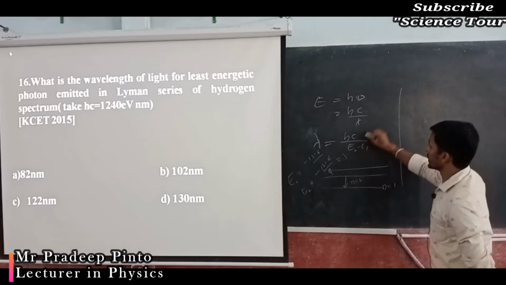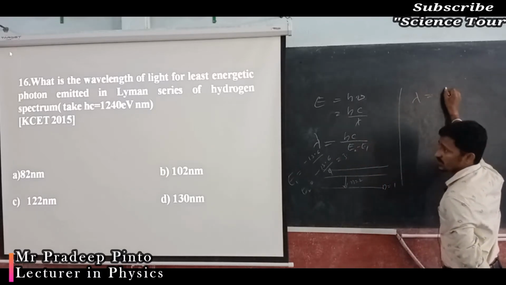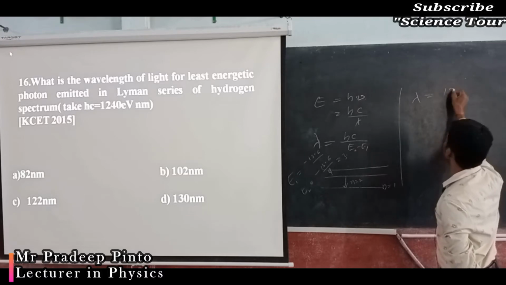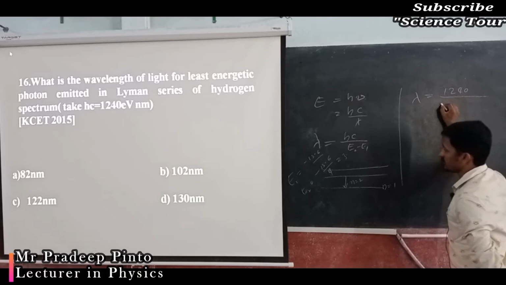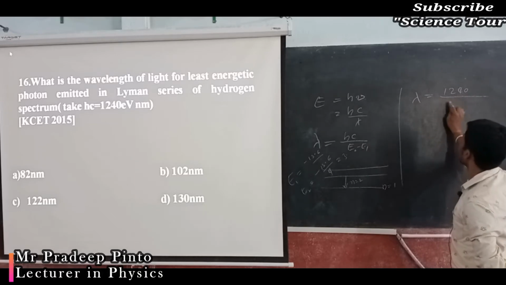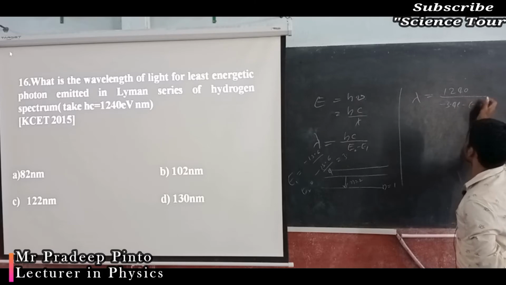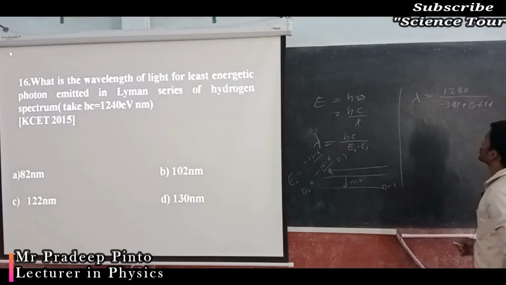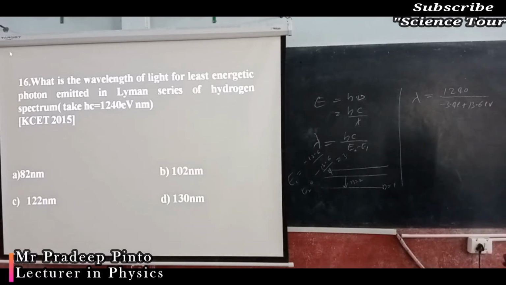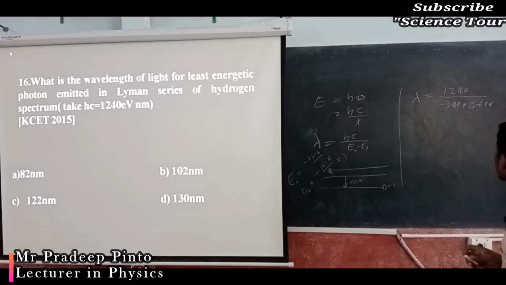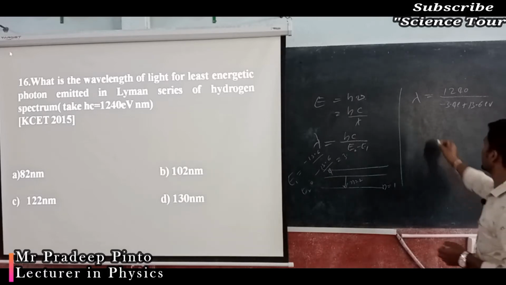So you are going to get lambda equal to hc, already given, that is 1240 eV, divided by E2 minus E1, which is minus 3.4 eV minus of minus 13.6, that is plus 13.6 eV.